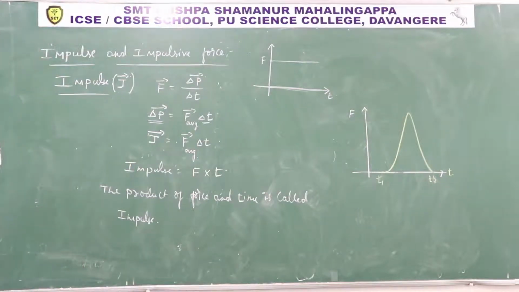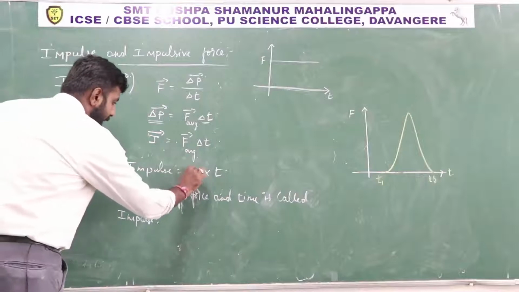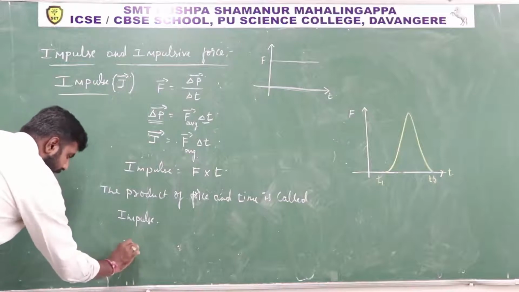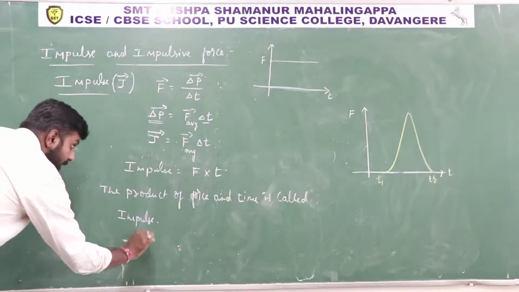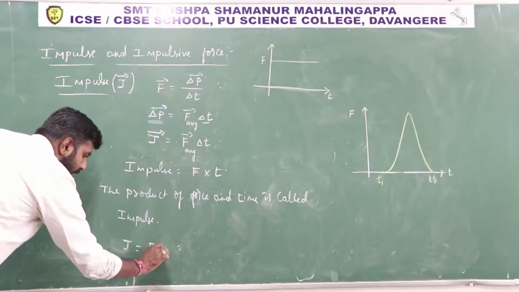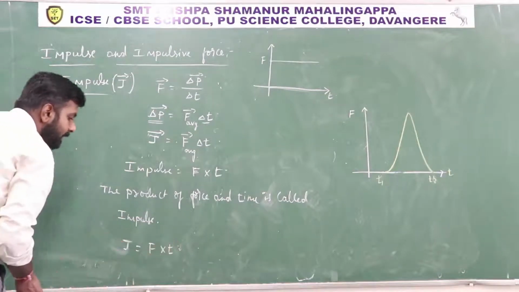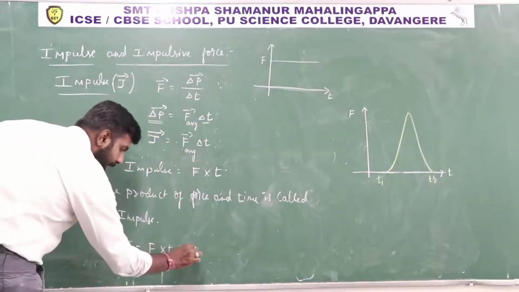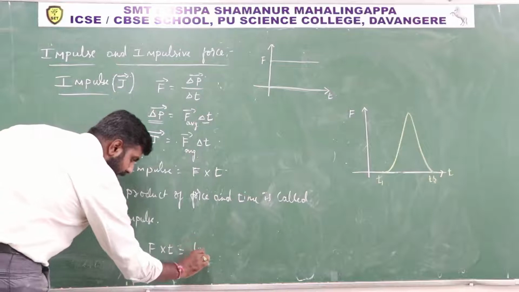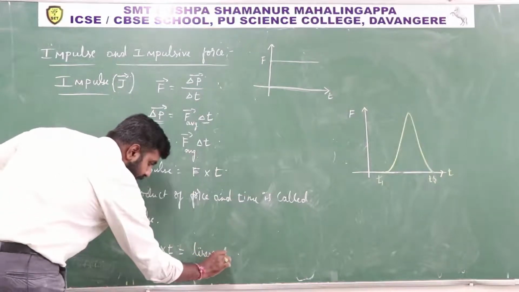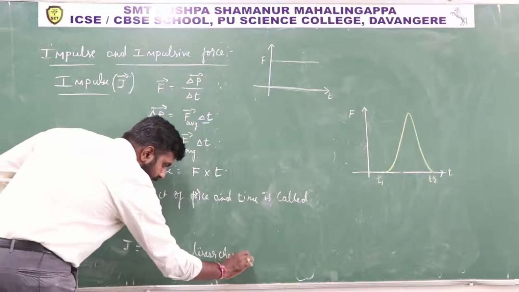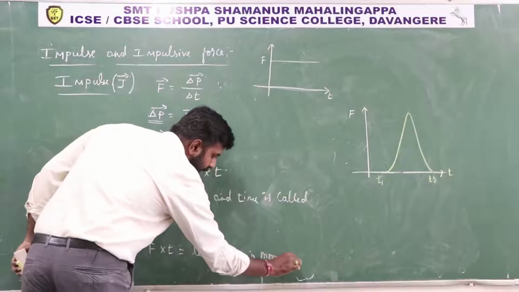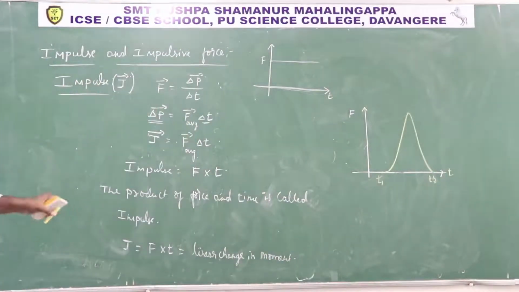Finally we can write this delta P or J; I will write J for impulse. This impulse is equal to the product of force and time, where the force is considered as average force. This also equals delta P, which is nothing but the linear change in momentum.